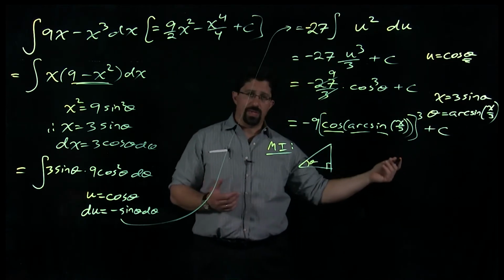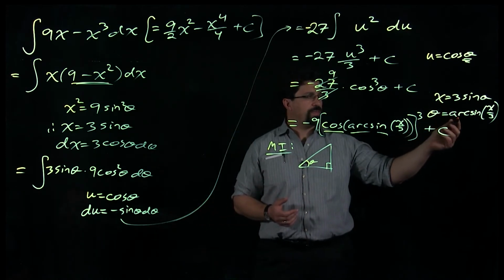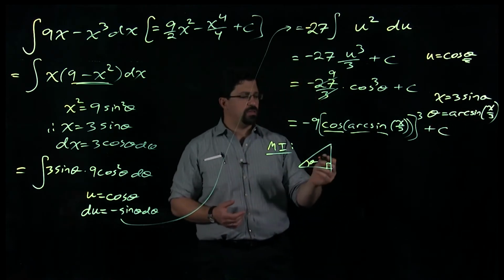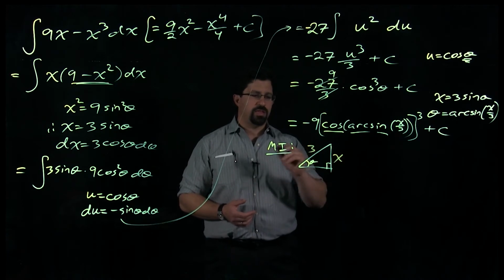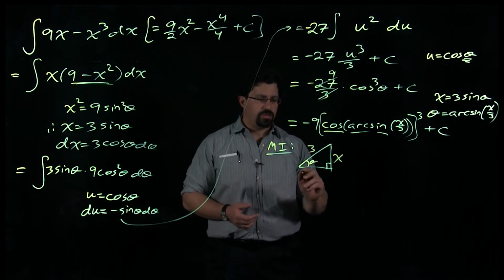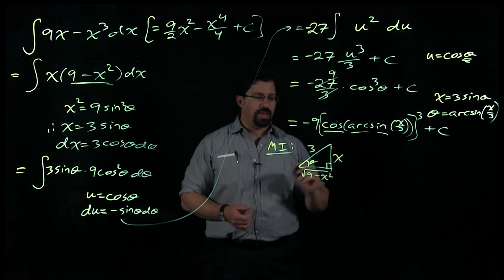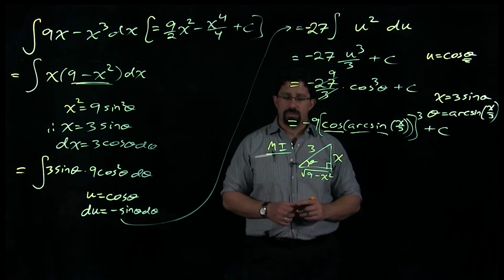And you use SOHCAHTOA. So if theta is the angle that has sine equal to x over 3, then sine is opposite over hypotenuse. This is x, this is 3. And so we can use Pythagoras. This is root 9 minus x squared. And that allows us to figure out what cosine is equal to.